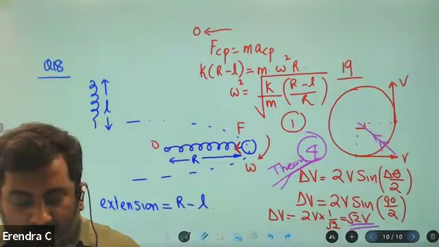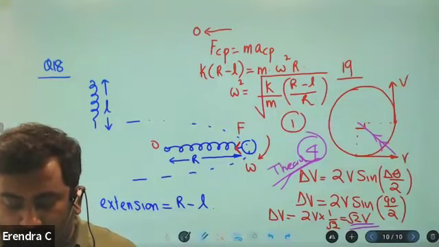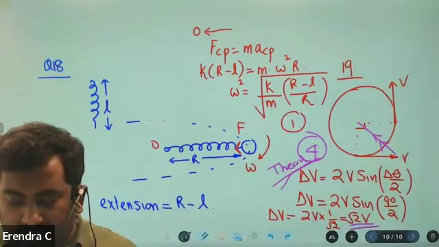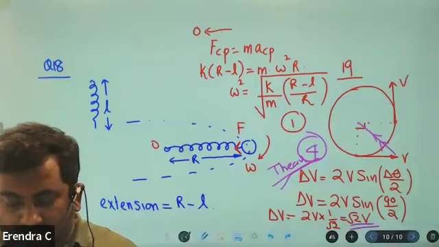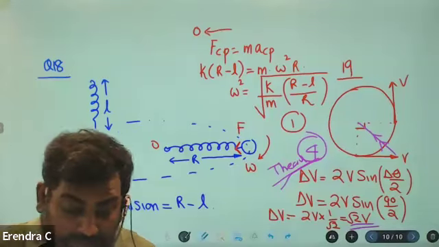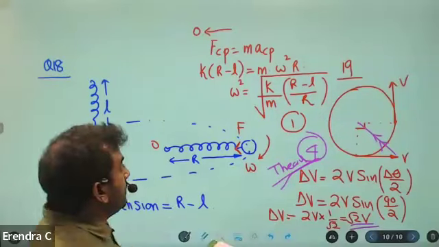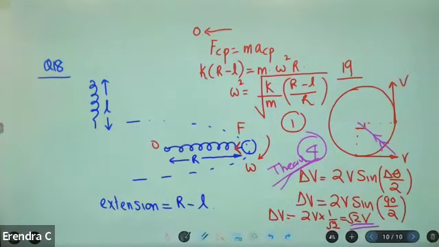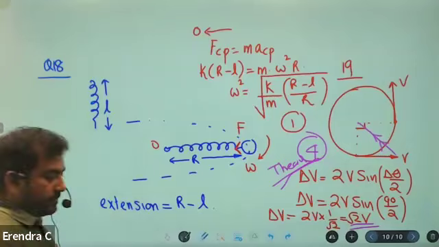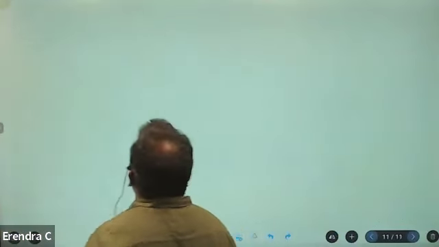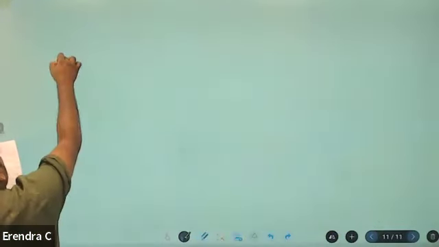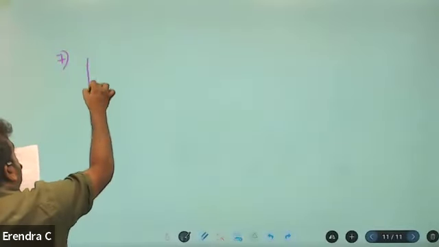A toy car connected to a fixed point by an elastic string is shown in the figure. It travels in a circle of radius 2r. Initial unstretched length is r. Anybody still writing this? No one, no? Unstretched length is r.